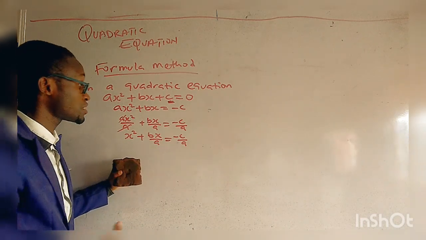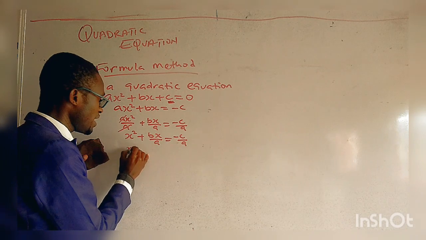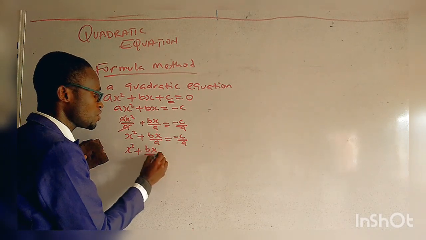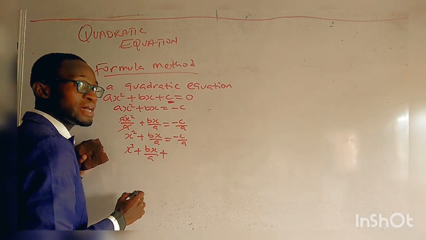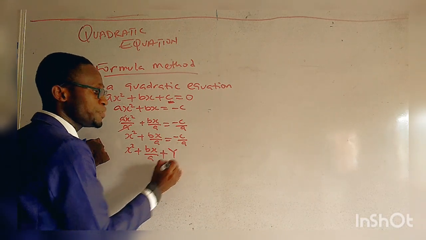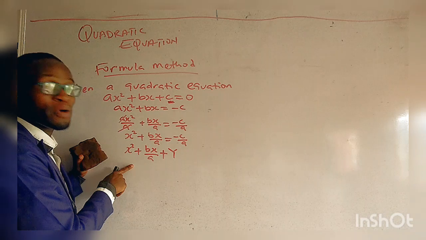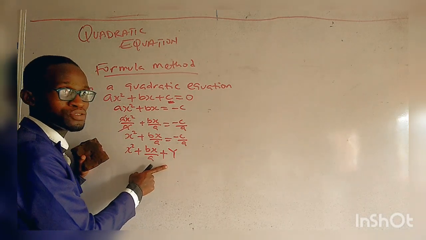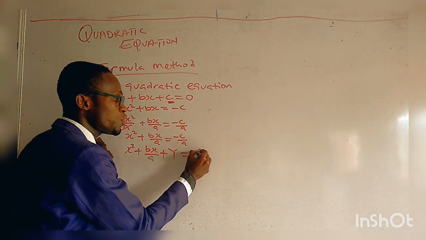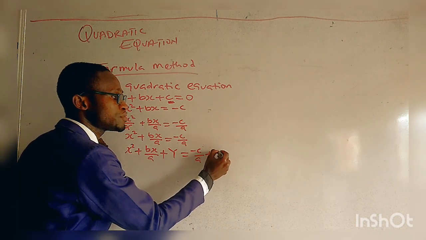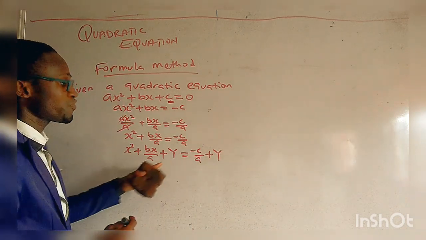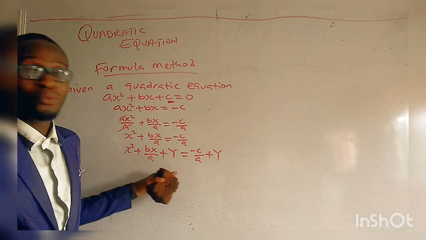We have x squared plus bx all over a, and let's say we add y. If we add this y, this becomes a perfect square. Anything we add to this side must also be added to the other side. Now let us find the value of y.